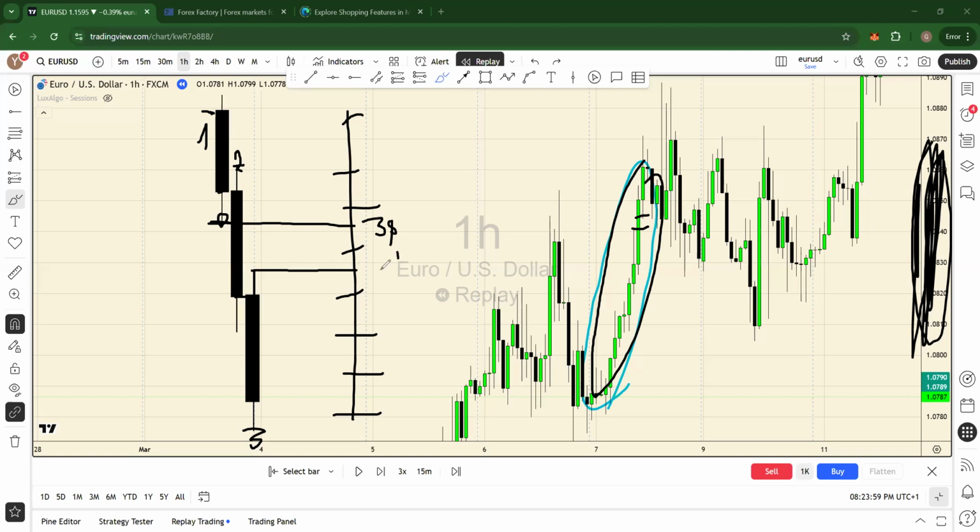Let's say now this is within 2, or let's say this is 1.5, something. If you're following me closely, you will notice that this was the last price point where buyers were able to push price back from. And then the next point was here.